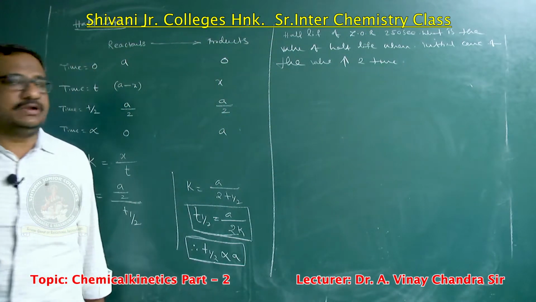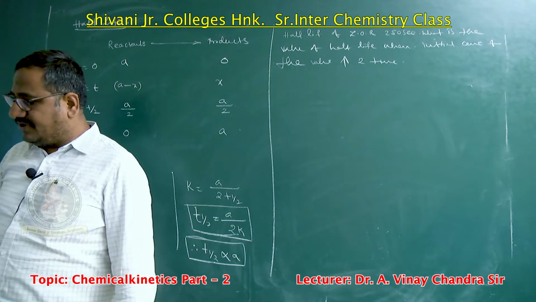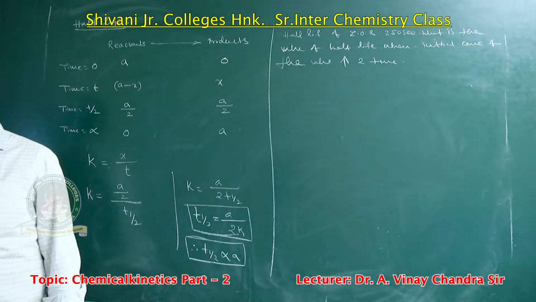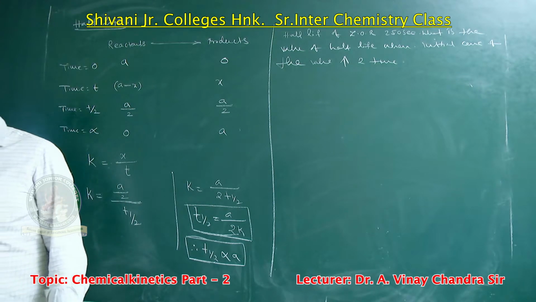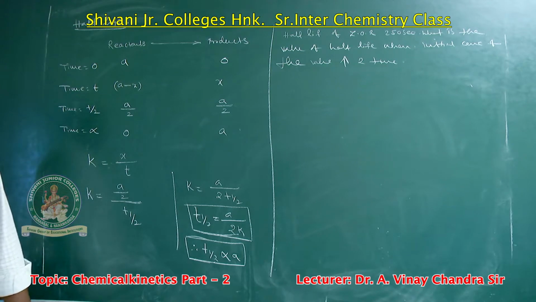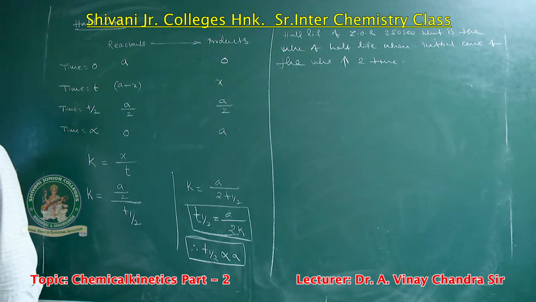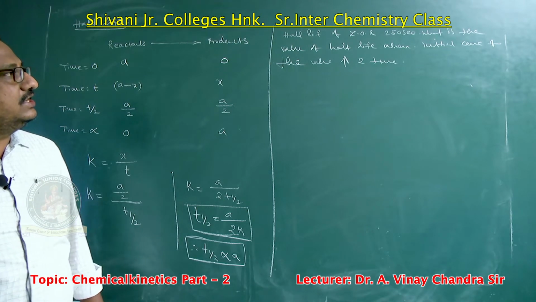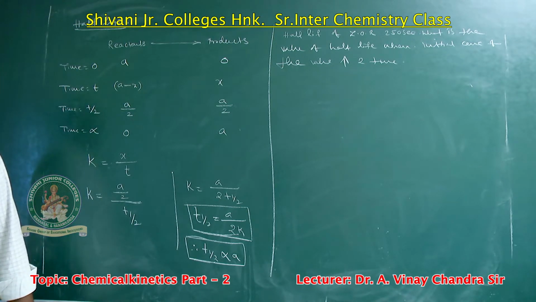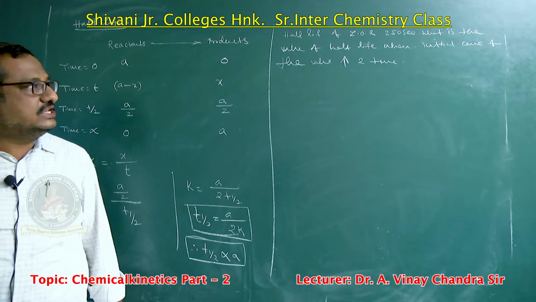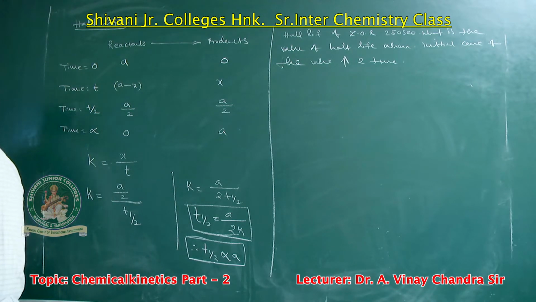Once again I am repeating the problem: the half-life of a zero order reaction is 250 seconds. What is the value of the half-life when the initial concentration of the reactant increases 2 times?